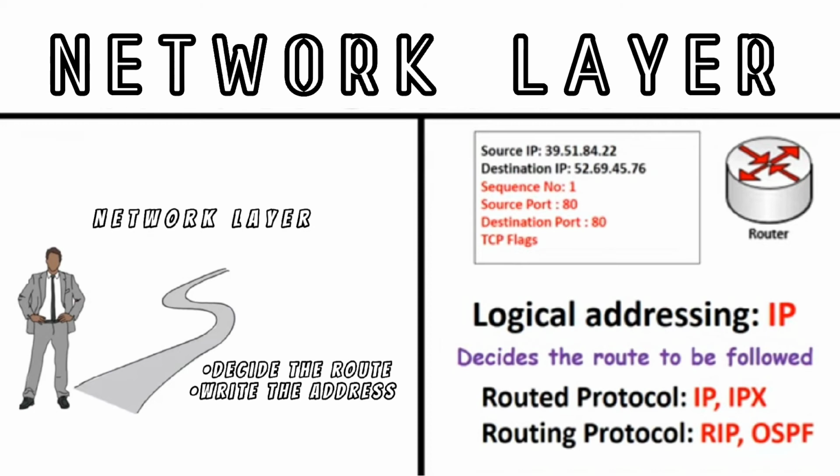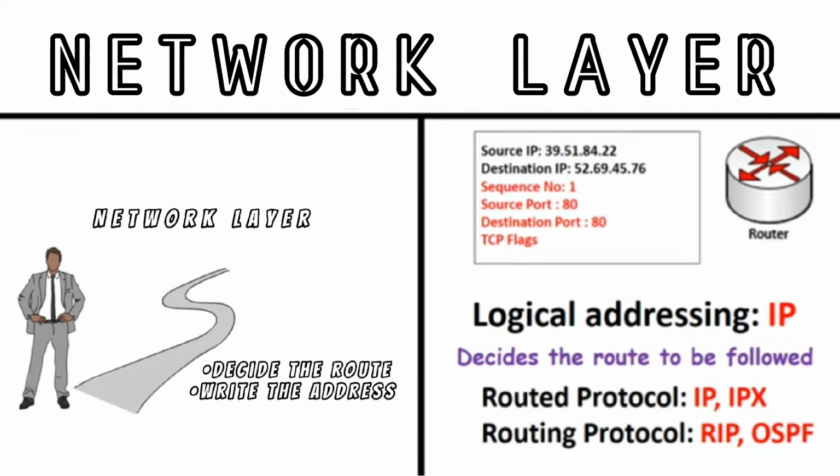the address of the British Palace and the route that should be followed. The transport officer is not responsible for physical delivery. He is only a decision maker in the network layer of the OSI model. The IP address of the destination computer is attached to the segment received from the transport layer, and the route is decided to which it should be forwarded.